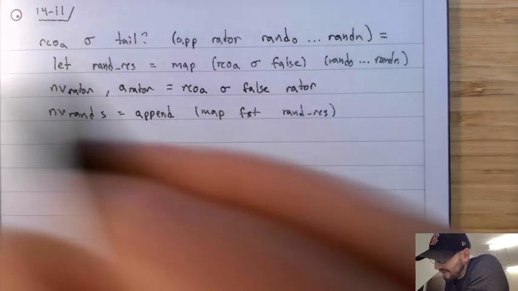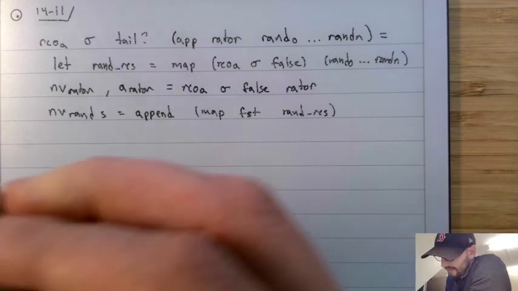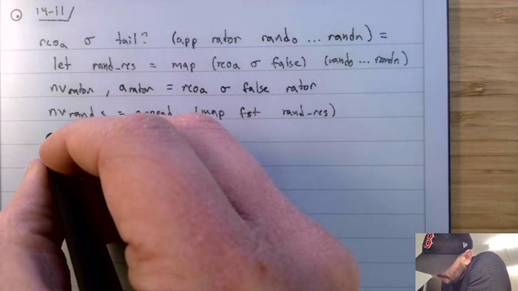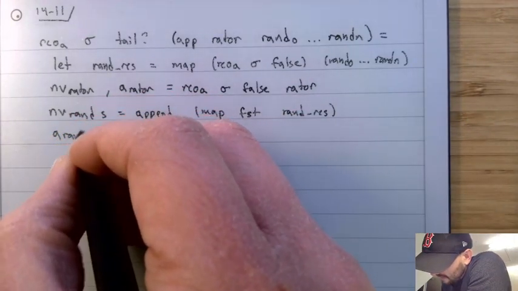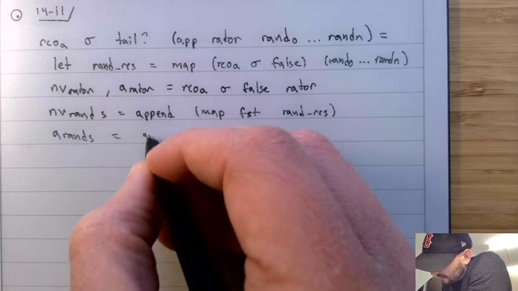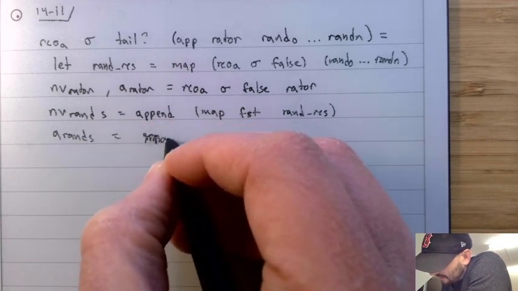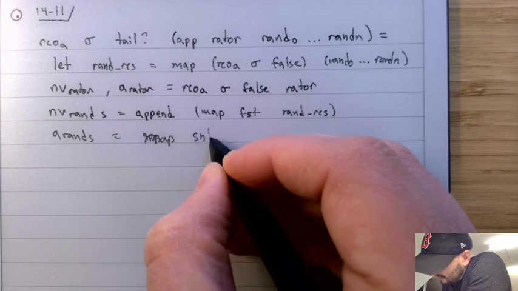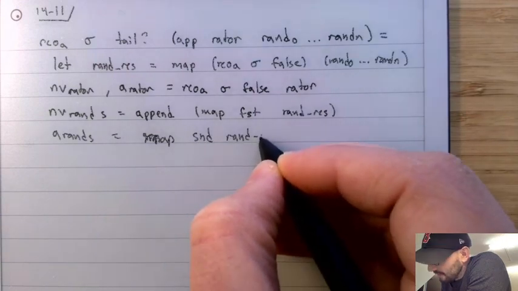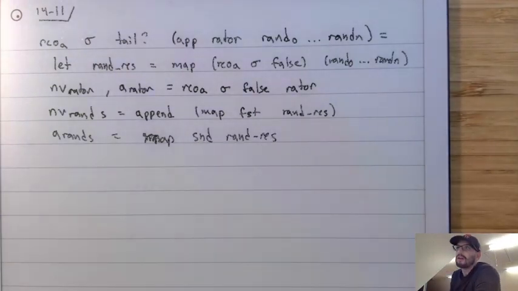So that's going to go off and grab all of the different new variables. We're going to append them all together. And then we also need the arguments for the rands, which is going to be just mapping second over the rand result. So we're going to go through all those results and just grab off all the operands.